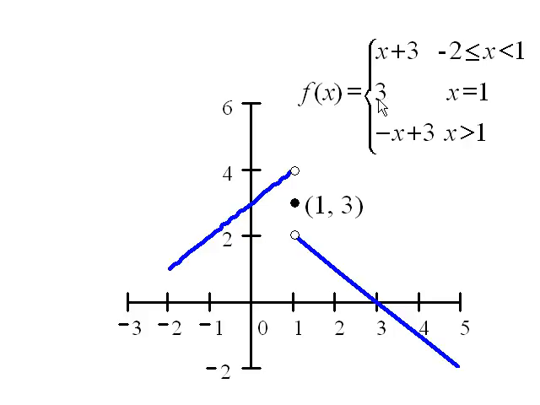X equals 1, y equals 3. Here's a single point that corresponds to this case in the function definition. And when x is bigger than 1, we're going to go along the line minus x plus 3. 3 is the y-intercept of that slope minus 1 line, so it would look like a line that comes down like this.